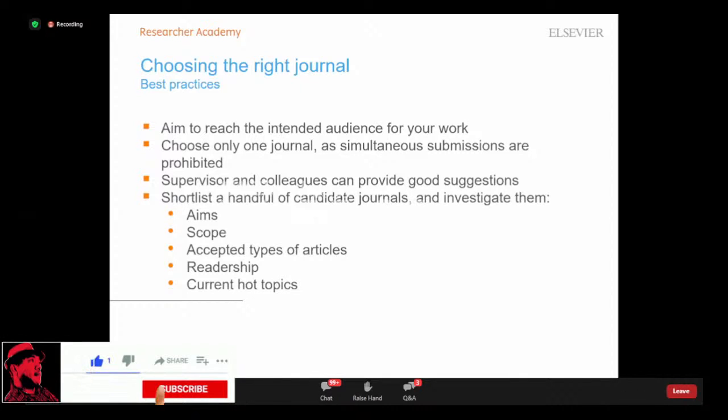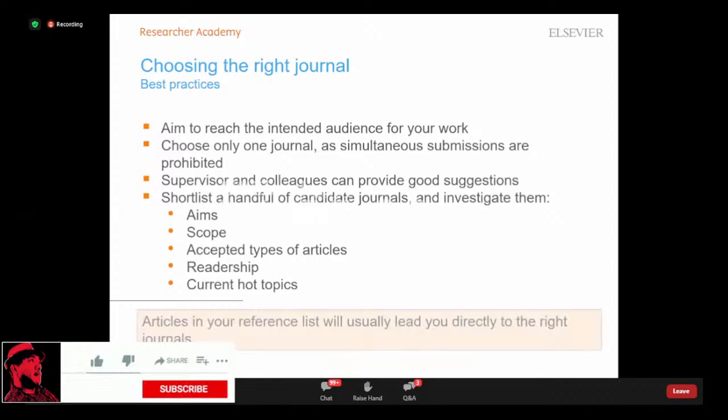What you can do there is put in your title, your keywords, and your abstract, and based on certain algorithms, you get candidate journals, possible journals for your research. But do make sure to investigate them, to really focus on the aims, the scope, the earlier published work, the readership, and the current topics that are published there.